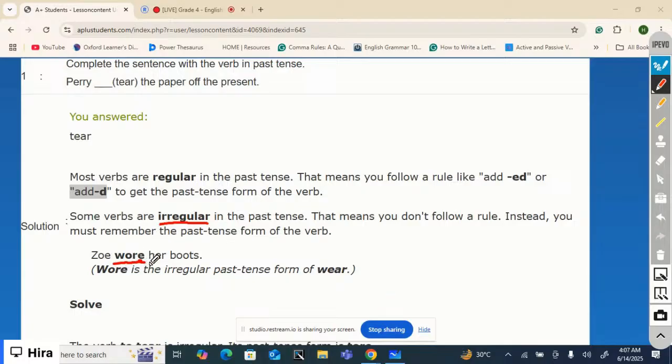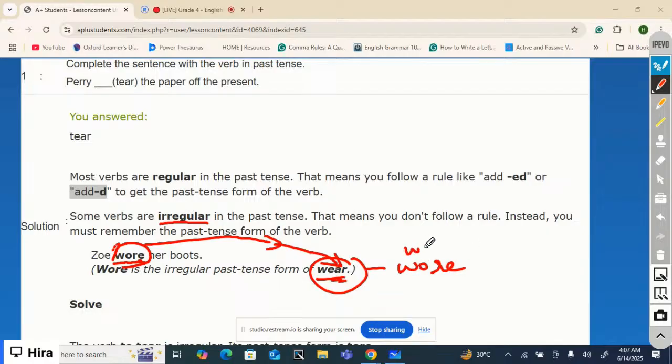So Zoe wore her boots. What is this word wore? It's a verb. It's a past tense form of the verb wear. Wear, and the past tense form is wore. Look at the spelling. W-E-A-R. Wear is the present tense, and wore, W-O-R-E, is the past tense.